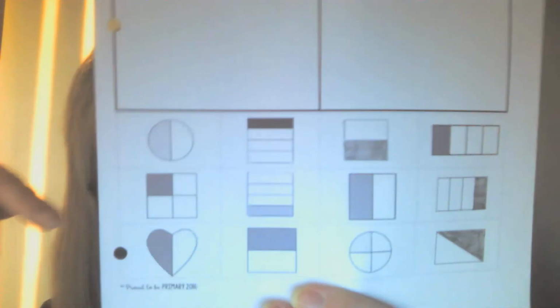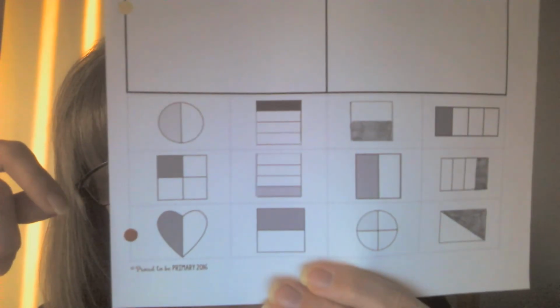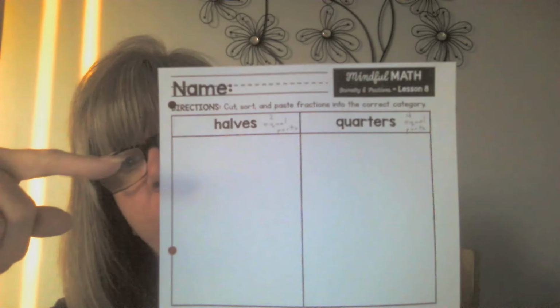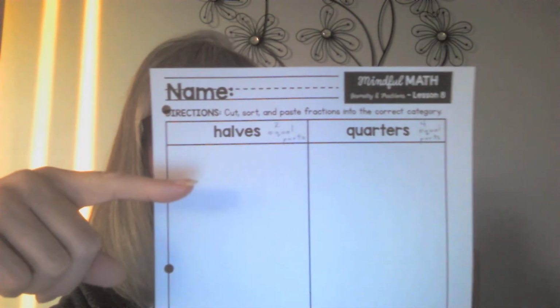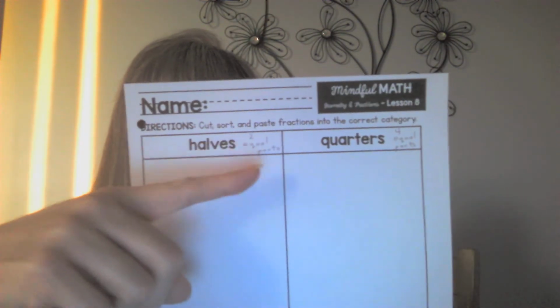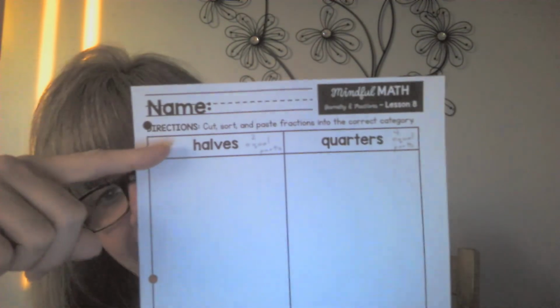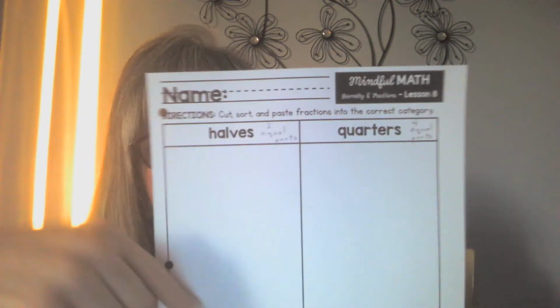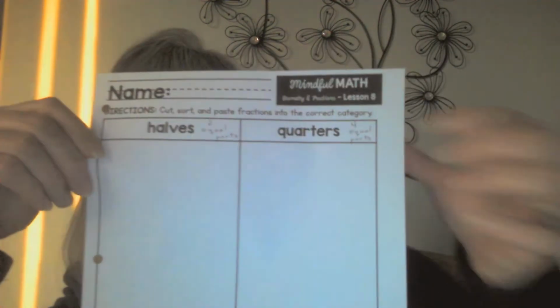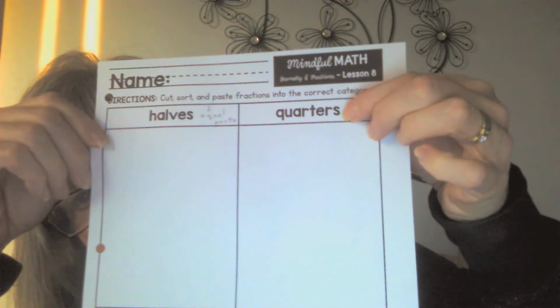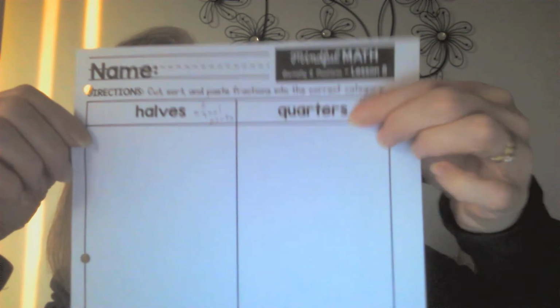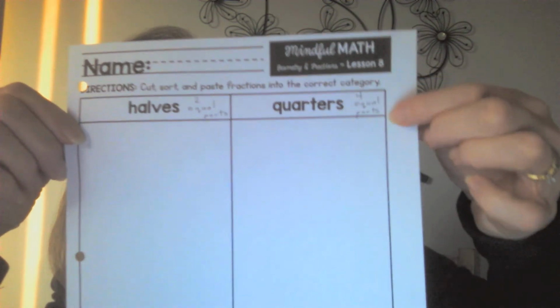Cut them all out, boys and girls, and then sort them. So if you see that the shape is divided into 2 equal parts or halves, that means it's going to go on this side or in this group. And if you see that the shape or the object has been divided into quarters or 4 equal parts, then you're going to put it on this side of the box.